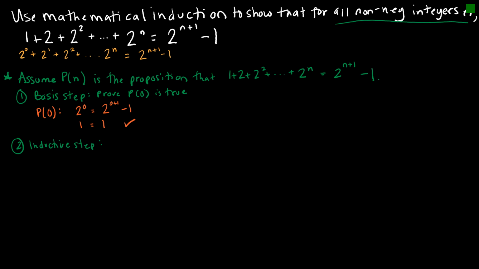Step 2 is my inductive step. And in that step, I am going to prove if P of k is true, then P of k plus 1 is true. Now keep in mind what that means is I'm going to assume that P of k is true, which means I have to write my inductive hypothesis.